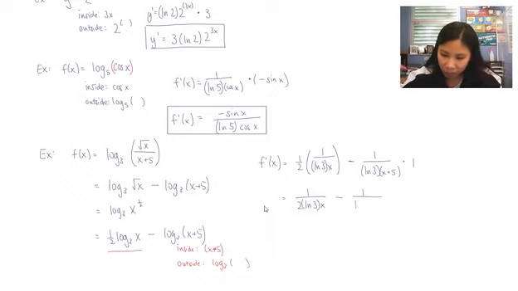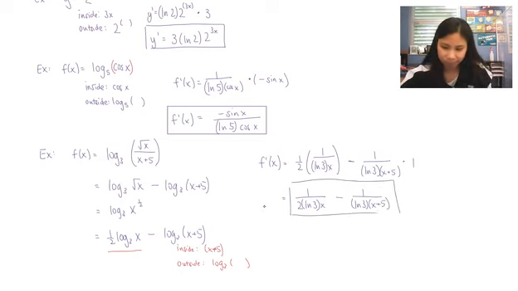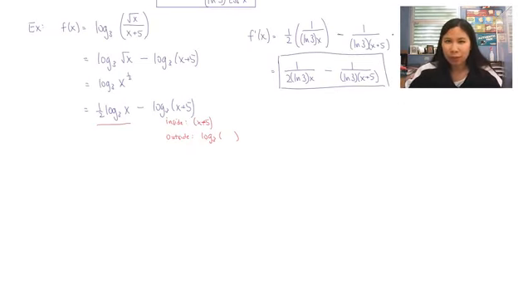So this just ends up being 1 over 2 natural log of 3 times x minus 1 over natural log of 3 times x plus 5. And that's it.